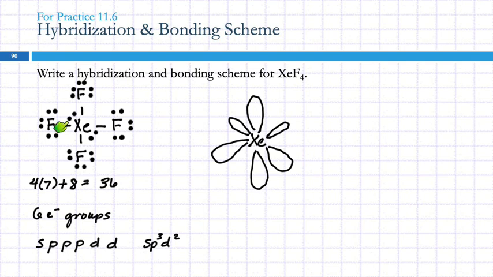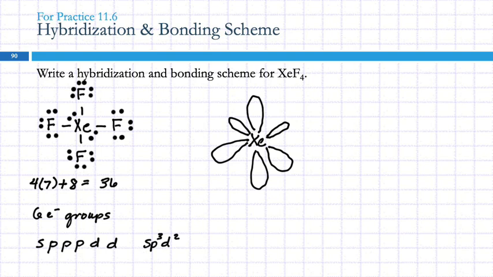So let's look at this, and how many of those electron groups have lone pairs in them? 2. So here, the 6 groups, that's that octahedral shape, right? The electron geometry. And I've got 2 lone pairs. Where are the lone pairs going to go? Well, the first one, it doesn't matter.